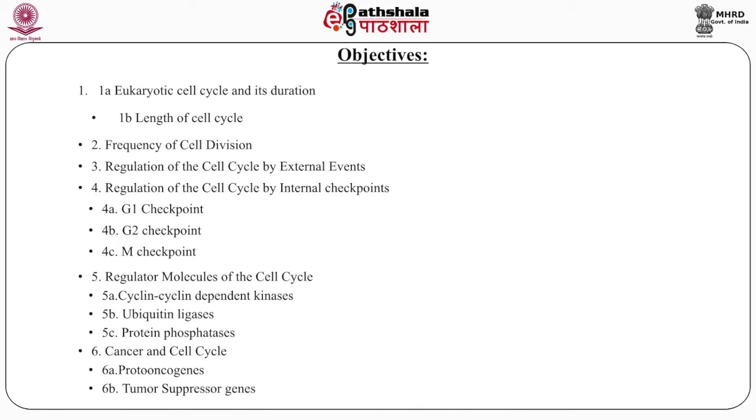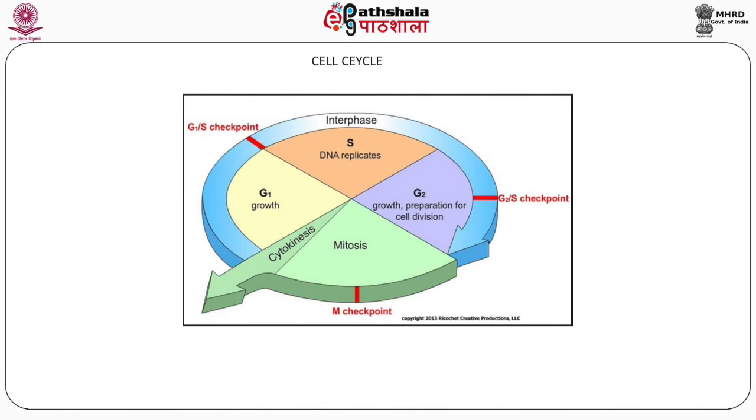These can be internal regulators and external regulators. We will be talking about various cyclins, the ubiquitin ligase, and the various kinases and phosphatases which are involved in the cell cycle. And finally, as we know that dysregulation in the cell cycle leads to cancer, we'll talk about the oncogenes and the tumor suppressor genes.